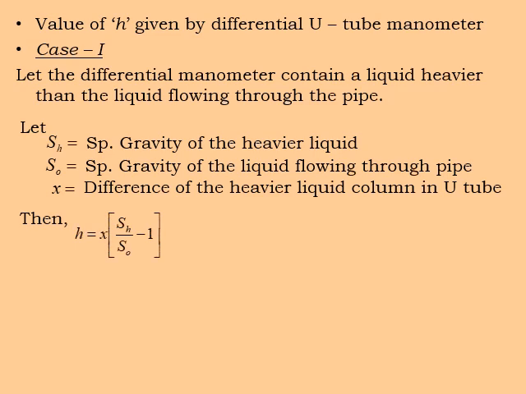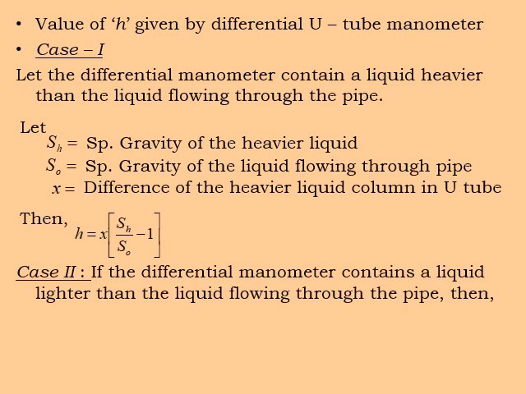Then the pressure head is calculated using the formula H is equal to X into (Sh by So minus 1), where Sh is the specific gravity of the heavier liquid and So is the specific gravity of the light liquid.